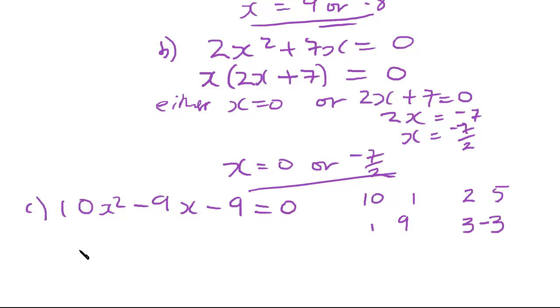So let's just see how that works. What I'm saying is, I'm going to write minus 3 here. I'm going to write plus 3 here. Remember, I need to combine the minus 3 with the 5. So I'm going to put the 5x over here. And I'm going to put the 2x over here.